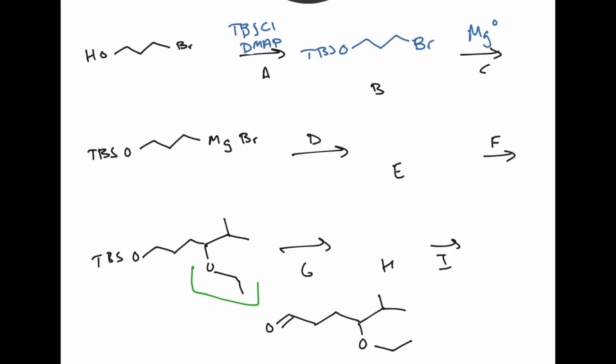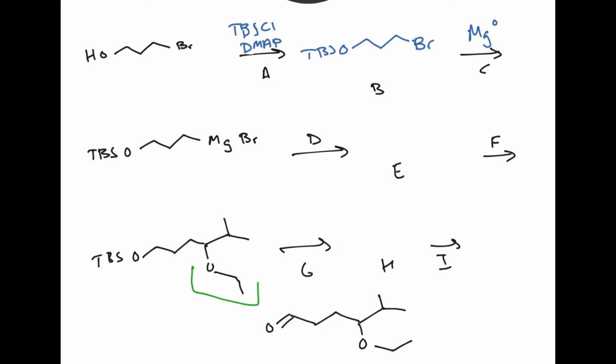If you have a double bond, you can add sulfuric acid and an alcohol, or you can use mercury trifluoroacetate and an alcohol. Or you can do a Williamson ether synthesis, where you have an alcohol that you treat with a base and you add an alkyl halide to it, right?